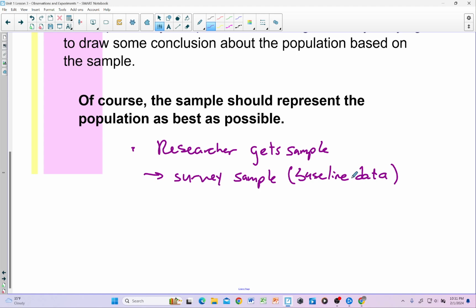So in the case of the breakfast study, the baseline data was their GPA before they started the experiment. And they looked at, what is the general profile of GPA? So let's look at the general profile first. Okay, baseline data. And then also, what does the sample do from there?